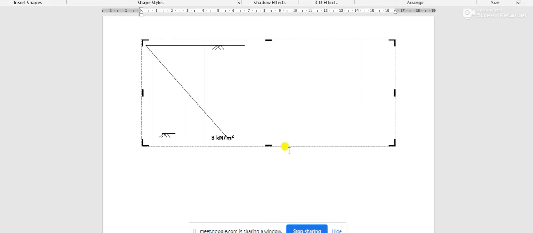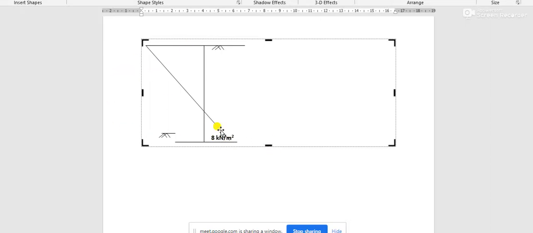If you want, then this line of retaining wall may be erased, and this is the earth pressure diagram for this case. At the top of the wall, the pressure is negative 100 kilonewton per meter square, and at the bottom of the wall, that is positive 8 kN per meter square.